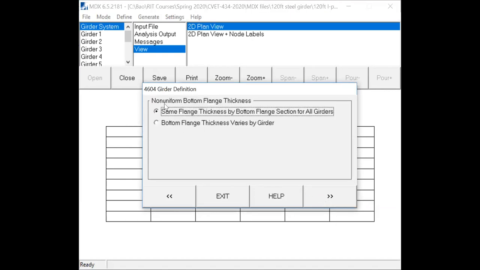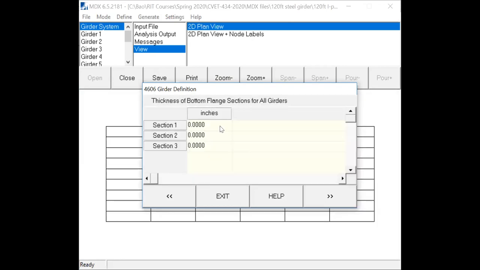And then non-uniform bottom flange thickness, we will choose the same flange thickness by bottom flange section for all girders. So for each girder line, we have exactly the same design. And section 1, I will start with 1.5 on the side, and the middle portion, I start with 2 inches, and the right side is 1.5 inch.